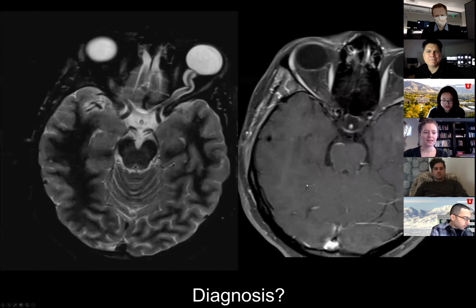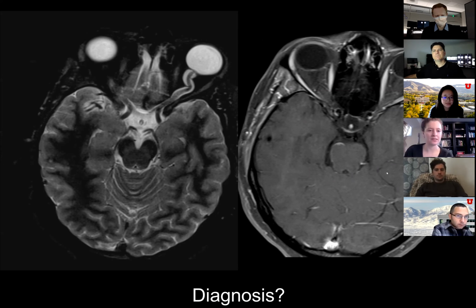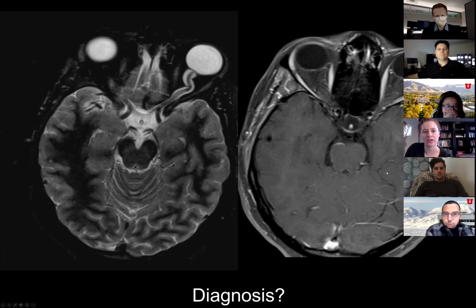April? Yes. Okay, so we have 2 axial sequences, T2 and a T1 fat sat post contrast. We see enlargement with increased CSF space around the optic nerve on the left without definite abnormal enhancement.